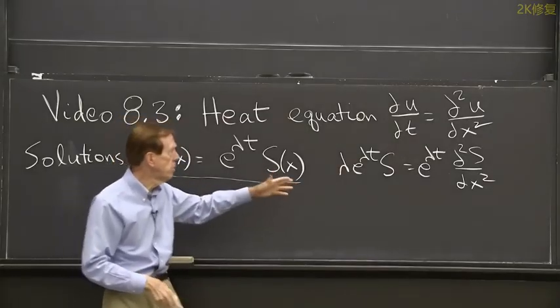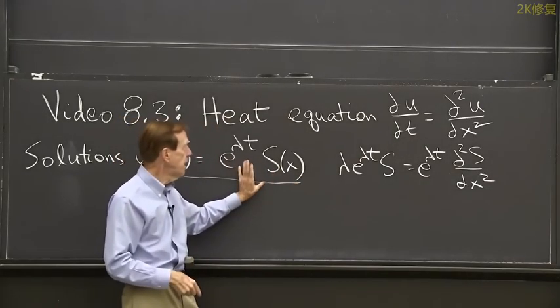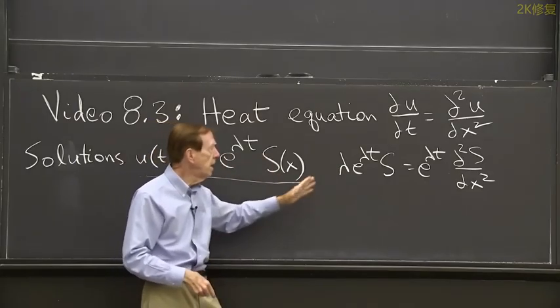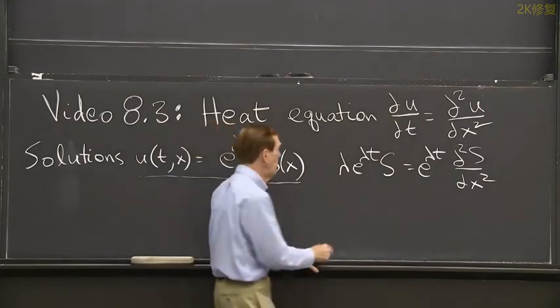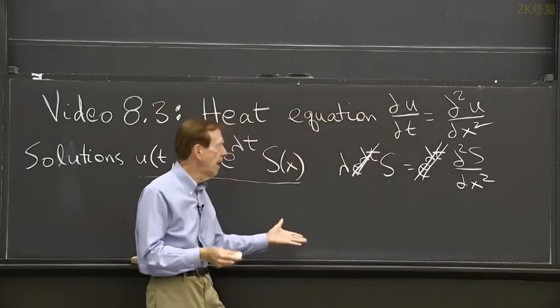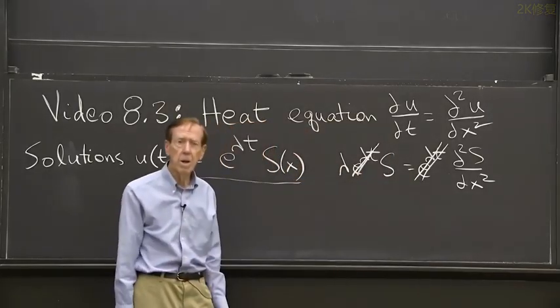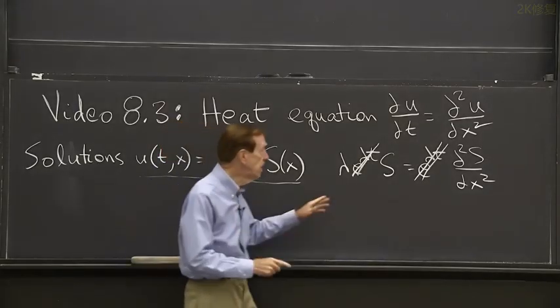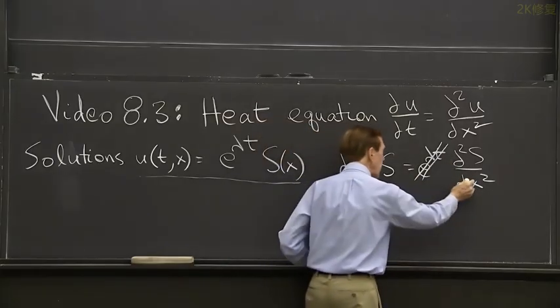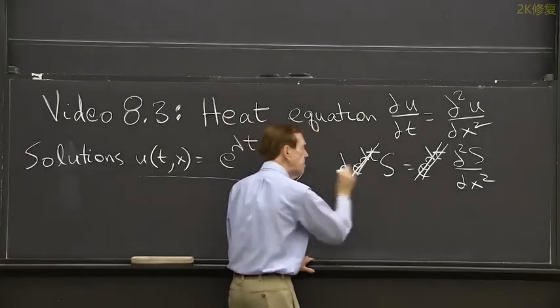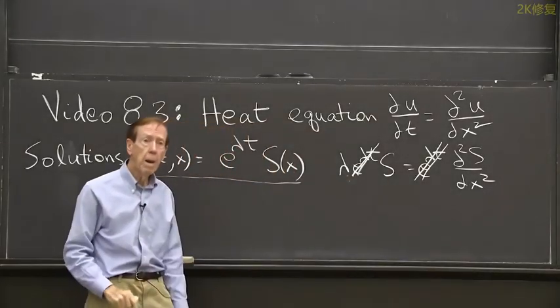So that's what I get when I substitute e to the lambda t times s, eigenvalue times eigenfunction, into the equation. And always, I cancel e to the lambda t, that's the beauty of it, and I have an eigenvalue equation. I'm looking again for a function. So the second derivative of my function is lambda, some number, times my function.